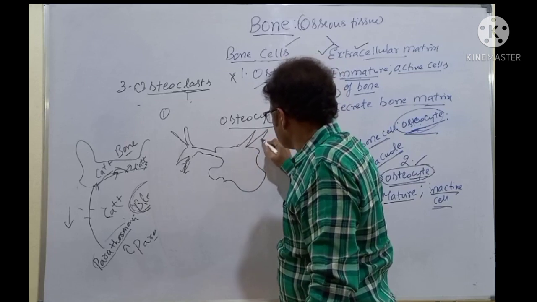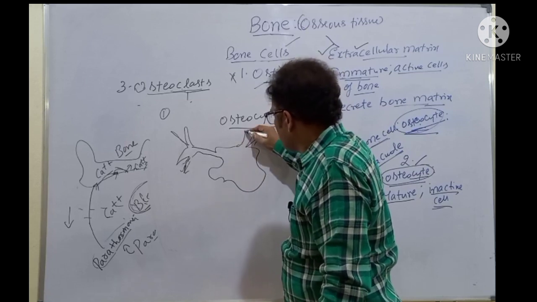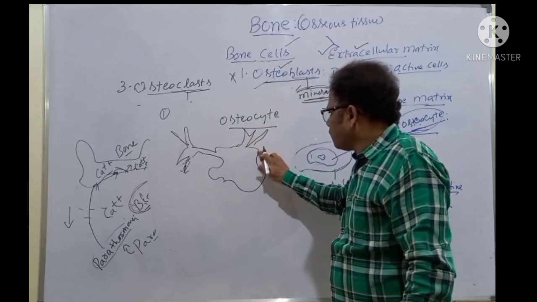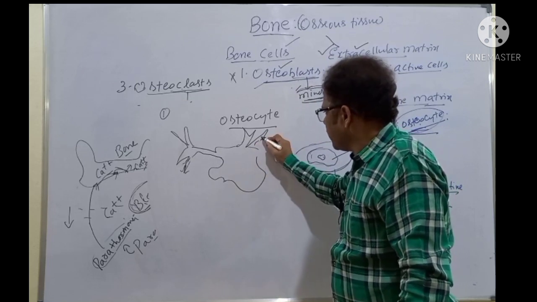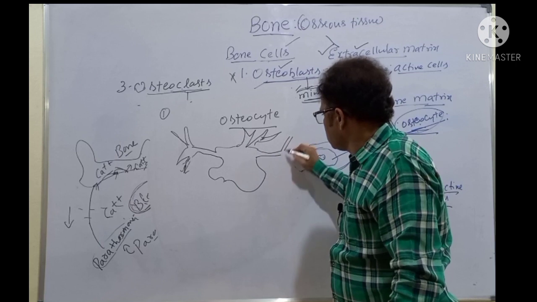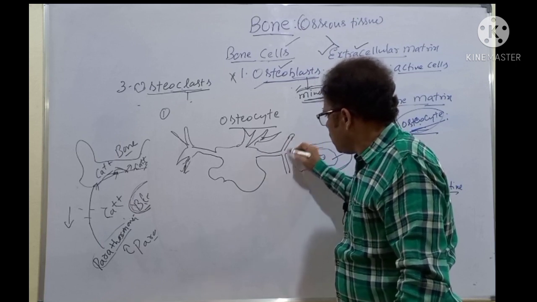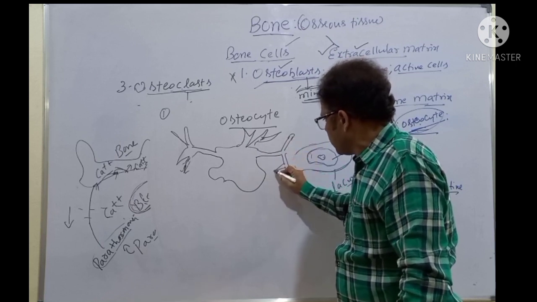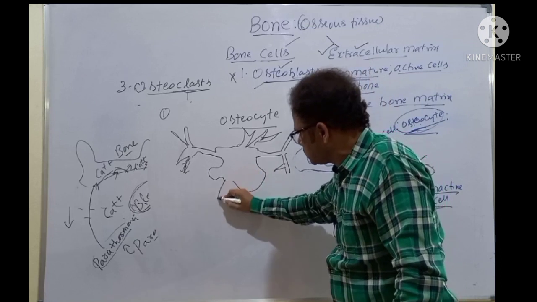So these are the cytoplasmic processes or protoplasmic processes. They divide and redivide like this. All these extensions are called cytoplasmic processes.